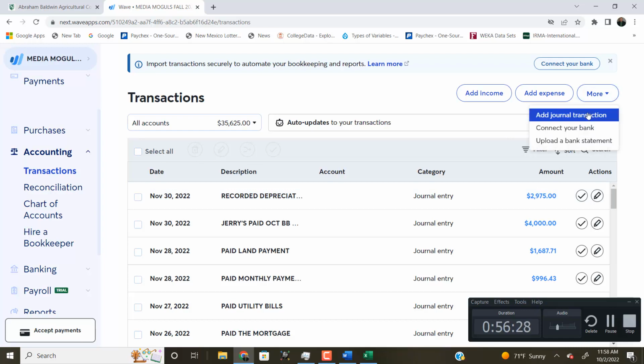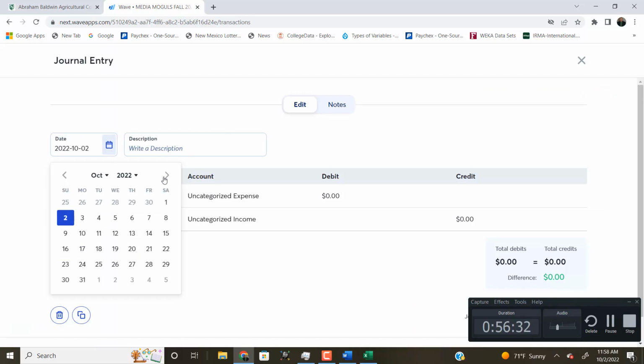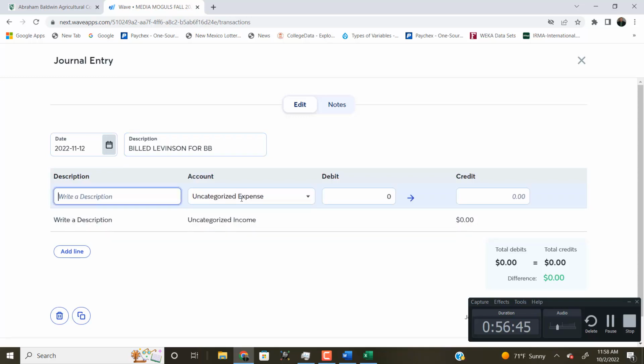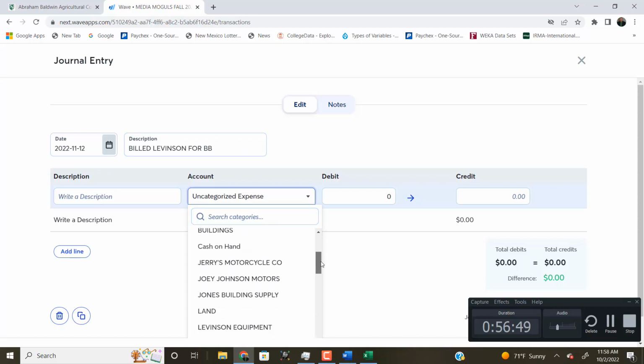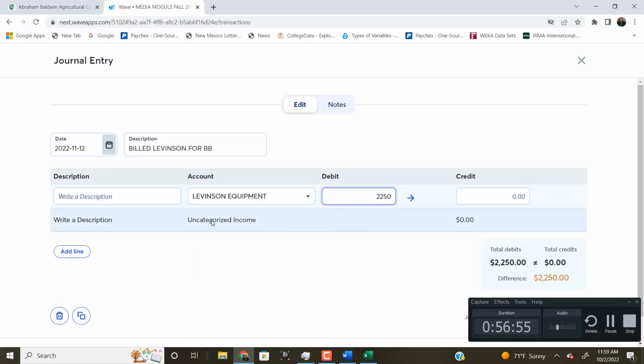So more, add a journal transaction. I'm going to put it in as November the 12th. Bill Levinson, for billboards. Accounts receivable Levinson. We find Levinson under the assets, 2250.